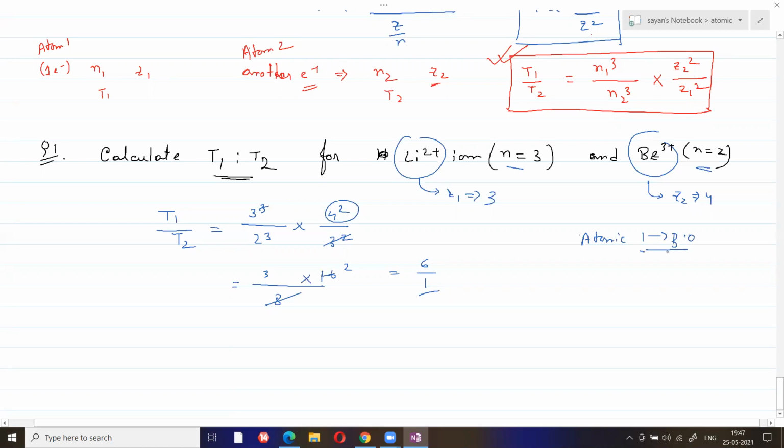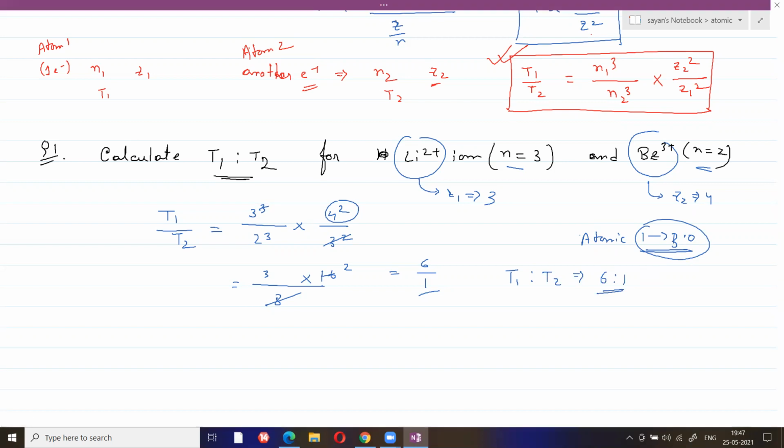After class 12 you can easily identify the atomic number of all the elements except the d block elements. But other than the d block, the s block, p block and 3d element atomic number configuration you have to remember. So T1 is to T2 is basically 6 is to 1.